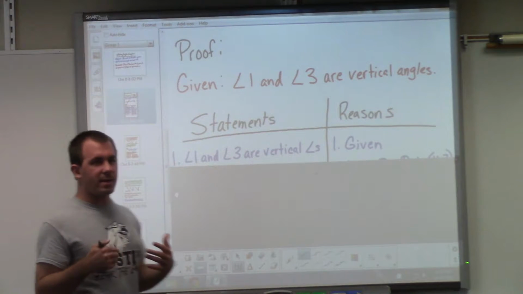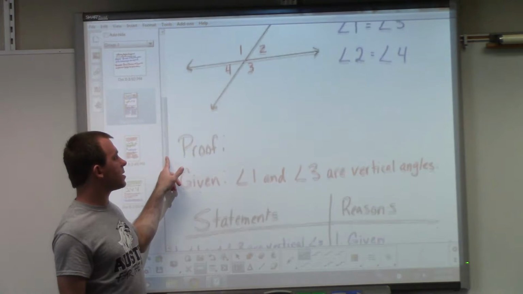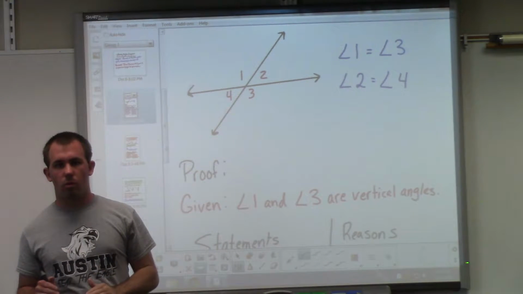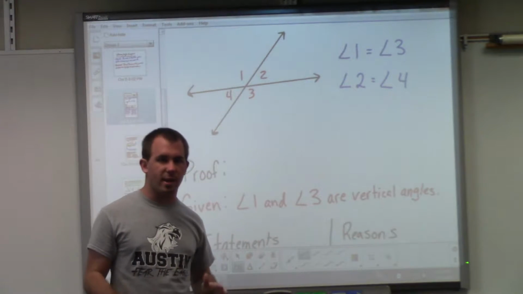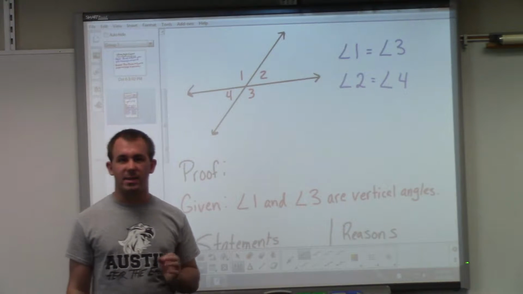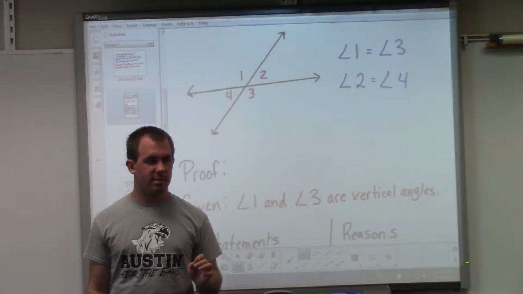From there, we've got to think our way through this. We have to think, okay, let's look at this picture. What do we already know? What definitions or anything else do we already know? Or maybe we have to take a step back a little bit and look at our postulates.